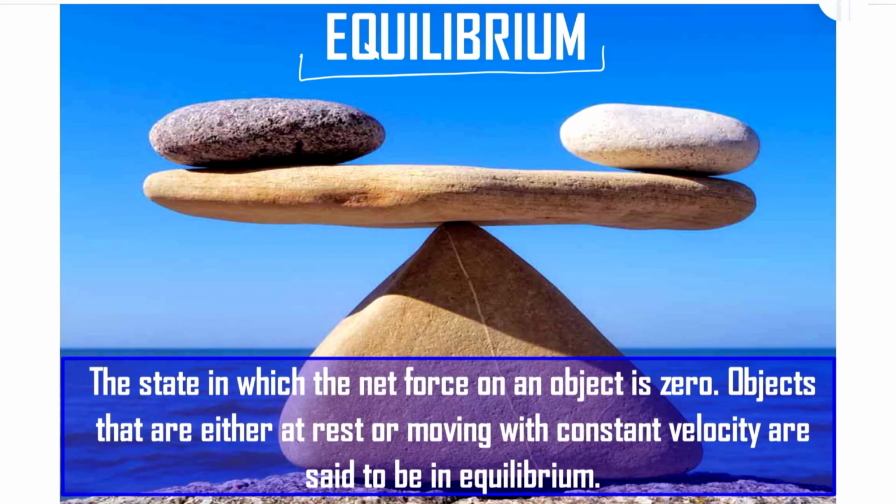In this case, this stone or this stone doesn't move up or down if both sides equal each other. So here, equilibrium means the net force acting on the object is 0. This is important. If the net force acting on an object is 0, previously we talked about that the object can be at rest. What does it mean? Rest means the velocity of the object will be 0, or that the object is moving with constant velocity.